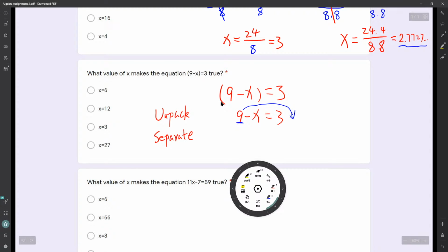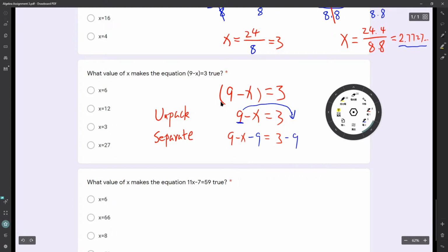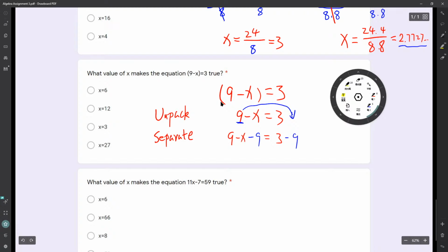So we subtract 9, and we subtract 9 on the other side. As you can see here, I'm just subtracting 9 from both sides. According to our property, if you subtract the same amount from both sides, it's still an equation, so we can do this. We subtract 9 on both sides, and it's still equal.